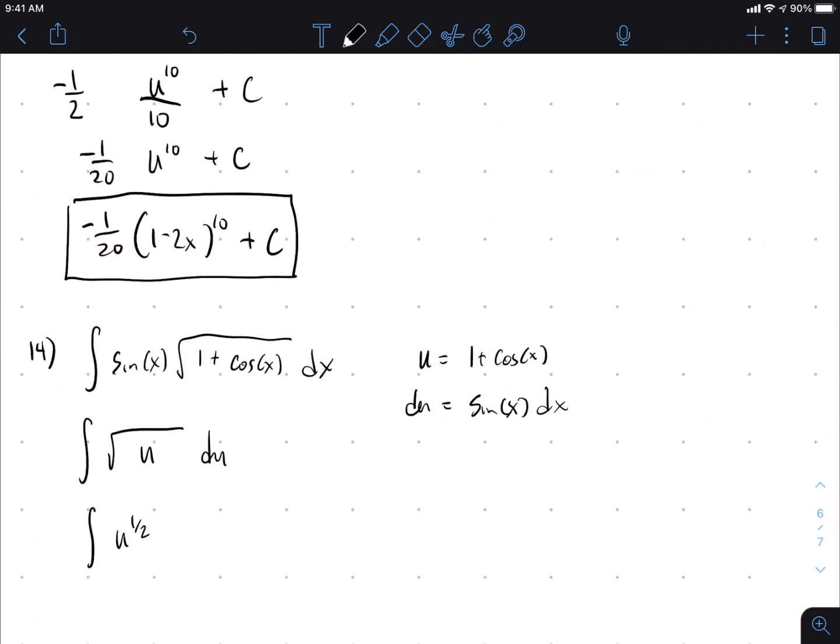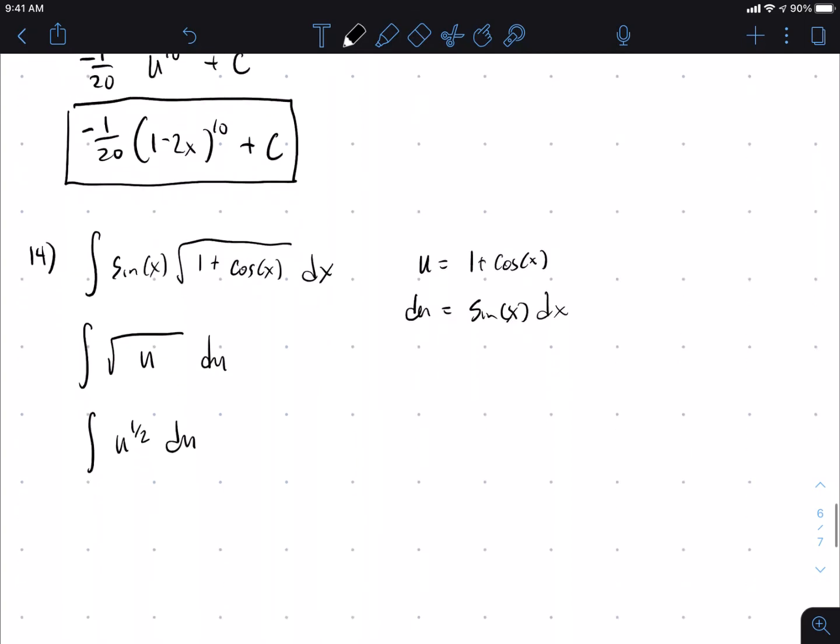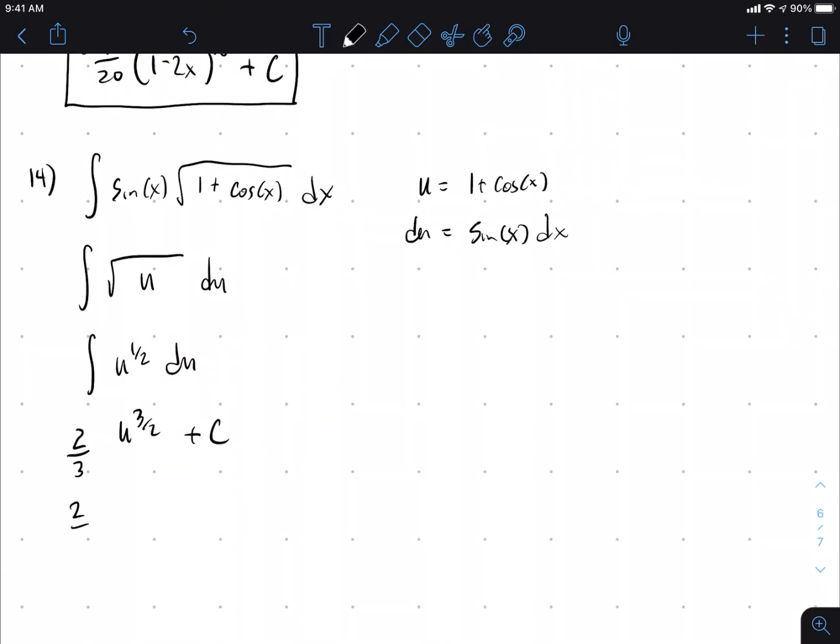We've seen this one like 12,000 times. Isn't the answer going to be u to the 3/2, so this is 2/3, plus some constant c? And then it's going to be 1 plus cosine of x to the 3/2 plus c. Boom, Christmas.